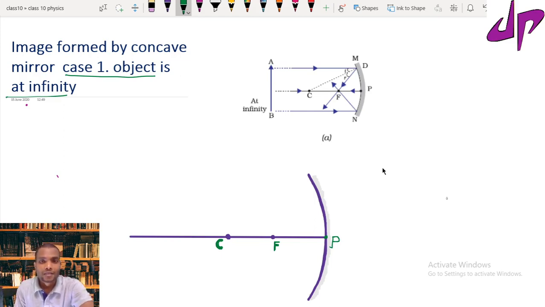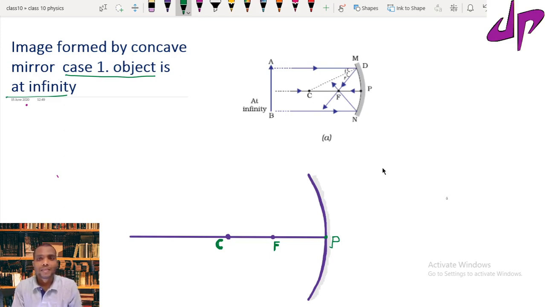Before that, I have pre-drawn a concave mirror. So this is the concave mirror, and this is known as the principal axis. On the principal axis, C stands for center of curvature, F is the focus, and P is the pole.